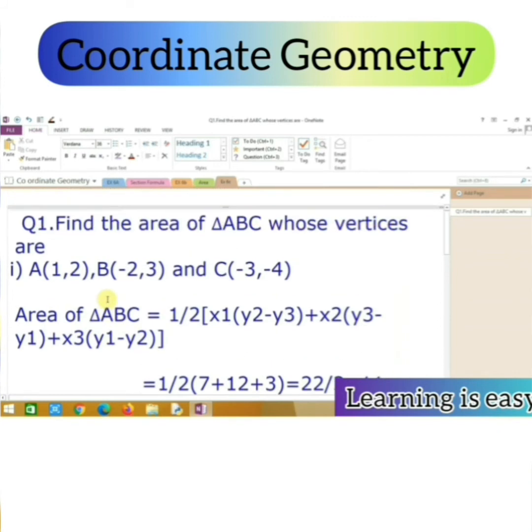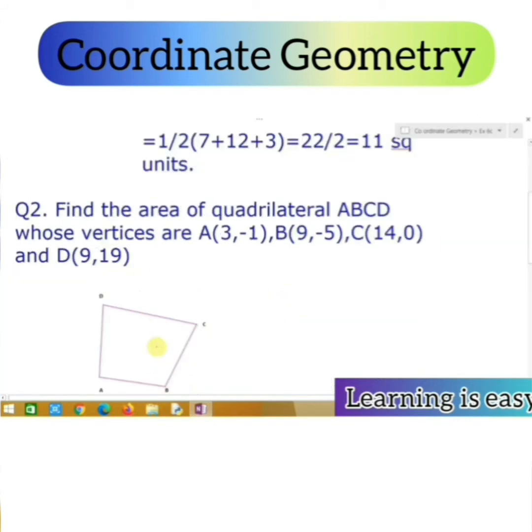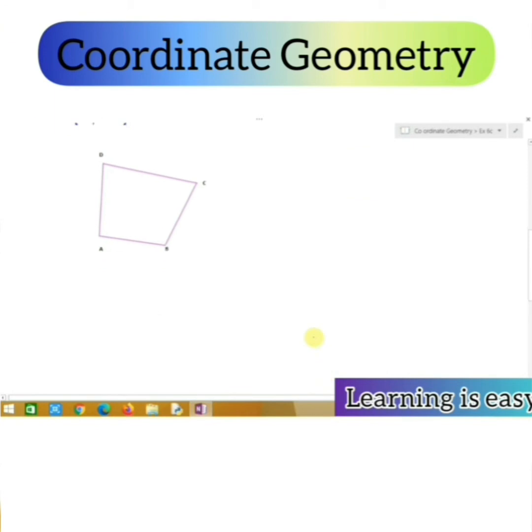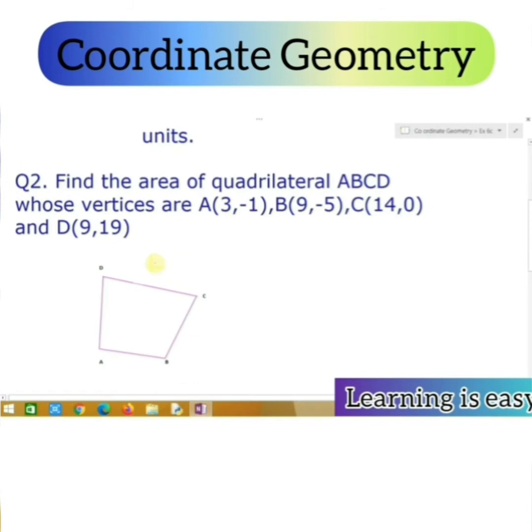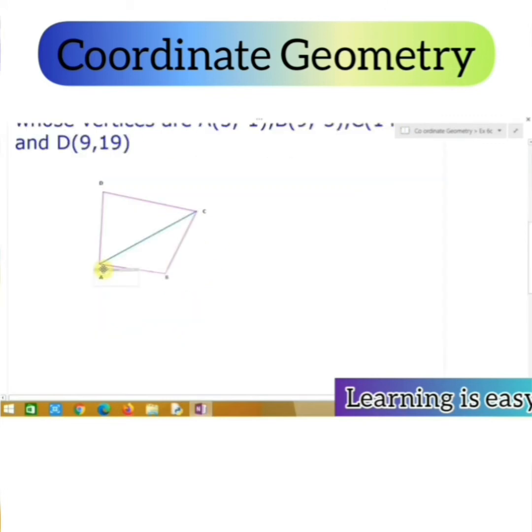I'm just solving one question in each pattern. Next, question 2: find the area of the quadrilateral ABCD. So it's a four-sided polygon and the vertices are given below. By drawing a diagonal, a line AC, you can slice this quadrilateral into two triangles, then calculate the area of the two triangles and sum them up.